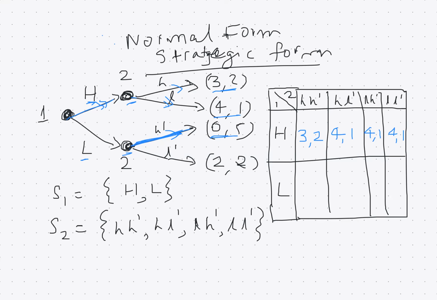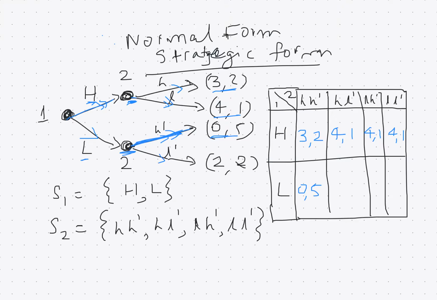And if player 1 chooses low price, then this becomes the relevant node, and this is the irrelevant node, right? So player 1 chooses low price, and player 2 chooses, let's say, high price on the top node and high price on the bottom node, H prime. So this is the relevant path. So the payoff would be 0 to player 1, 5 to player 2. And next, player 2 chooses H and L prime, then this becomes the relevant node.